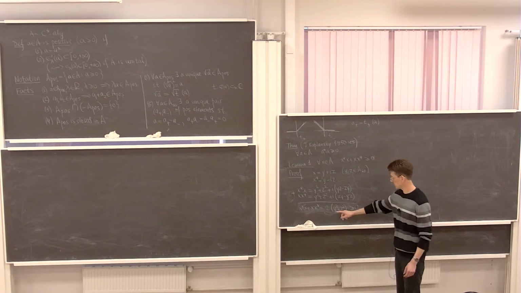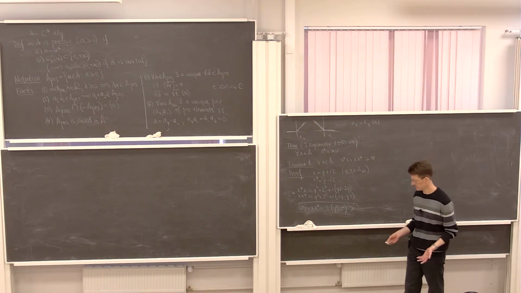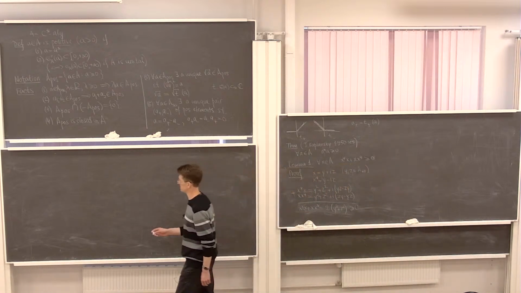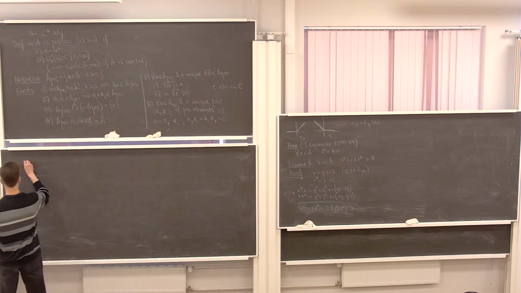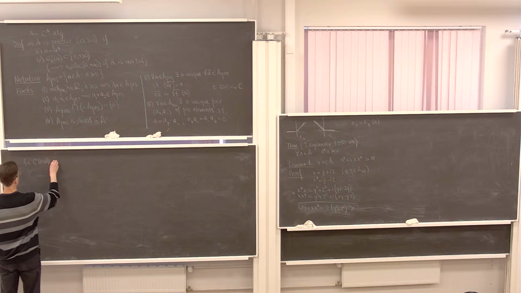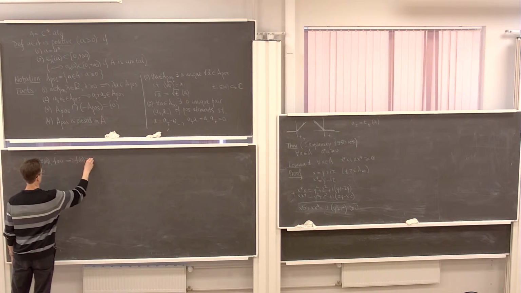Why is this positive? y squared and z squared are positive by the properties of the functional calculus. Let's recall another fact which was observed at the previous lecture: if we have a continuous non-negative function f on the spectrum, then f of a is positive.